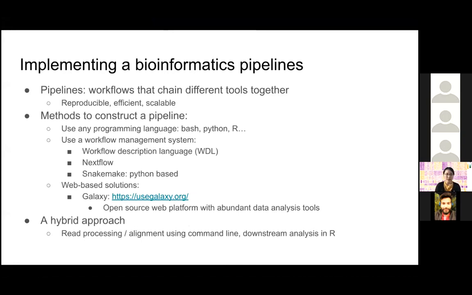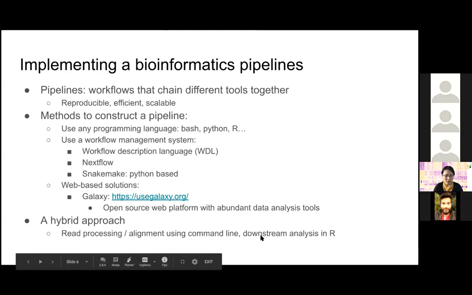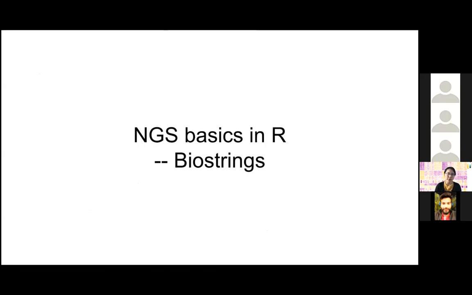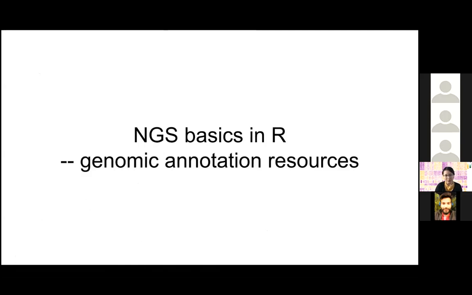And once I get results that are more manageable, I do my downstream analysis or more customized analysis in R. Right, so for today's tutorial, we'll cover some of the very basics for you to do NGS analysis in R.